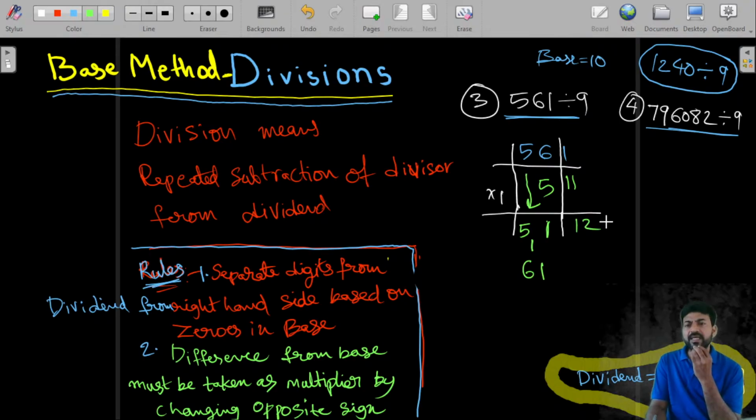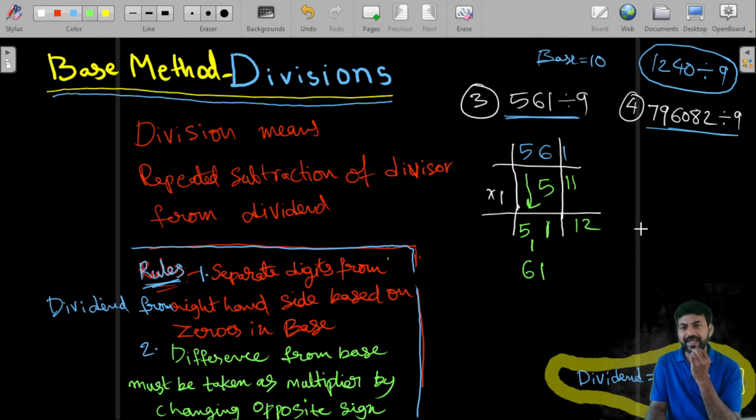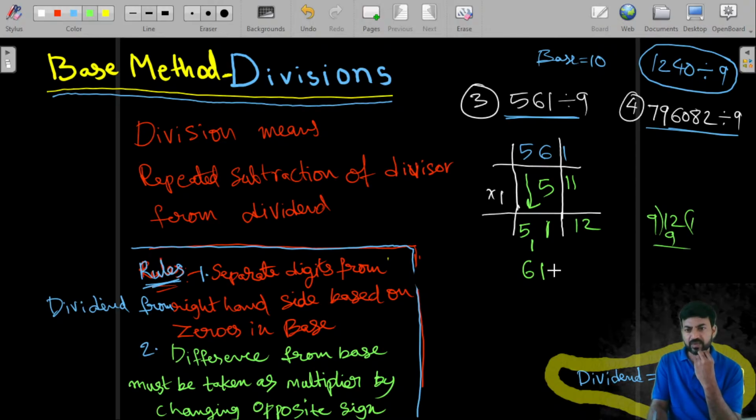So still there is a bigger number than the divisor. See, divisor is 9, remainder is 12. If you get 12 as a remainder, you have to divide again. Right? 9 ones are 9. So that one, this quotient one, has to be added here. So what is the actual remainder? 3. Actual remainder is 3.